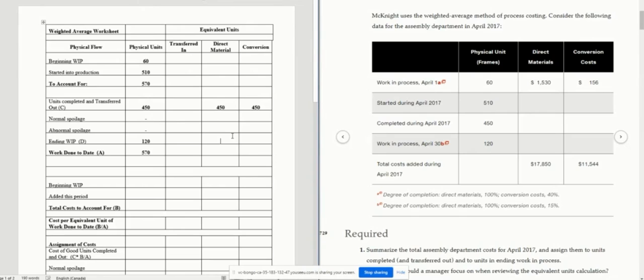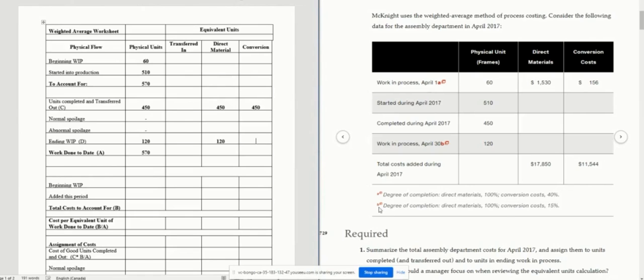But the ending work in process, as it says over here, we've got 100% complete as far as materials is concerned, which means that that's the equivalent of all 120 units. But in terms of conversion, the ending work in process is 15% done, right?